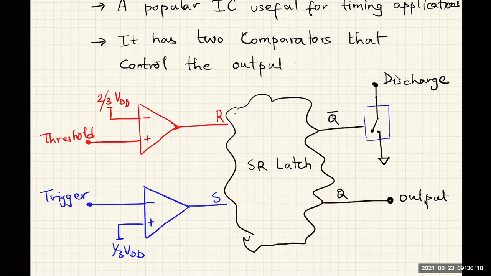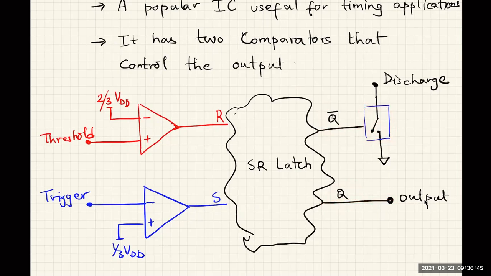The second output of the SR latch in a 555 timer is controlling a switch. If this voltage is high, the switch is closed, and if this voltage is low, the switch is open. So if the output is high, then the switch is open, and if the output is low, then the switch is closed.